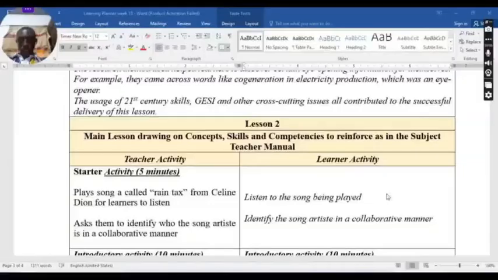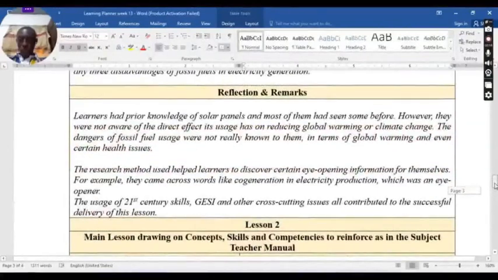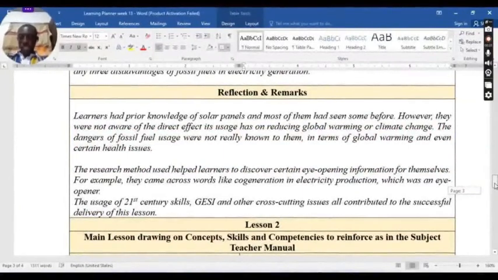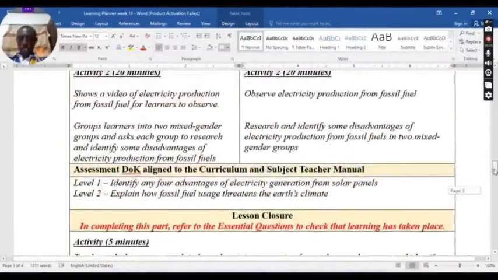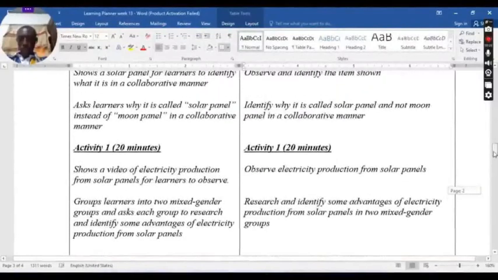Alright, let's look at lesson 2 of the same week 13. Week 13 talks about generation of electricity from solar panels, and I divided it into lesson 1 and lesson 2. Lesson 1 talks about the advantages of solar panels and disadvantages of fossil fuels in generating electricity. That is what we looked at in lesson 1.